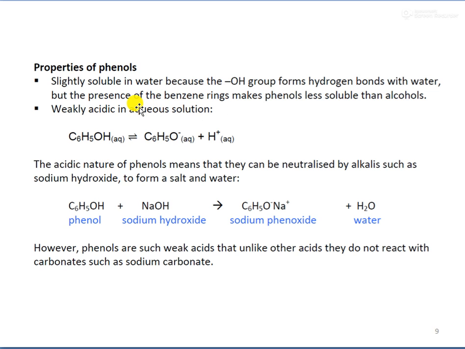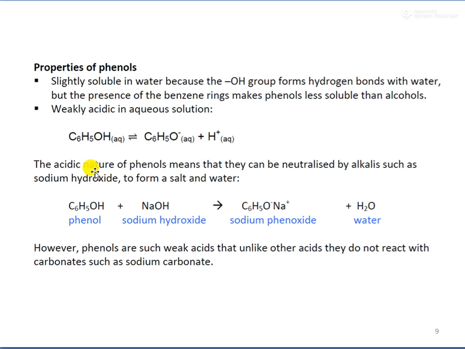Then phenols are weakly acidic, that is, when mixed with water, they can ionize, giving off H plus ions. The H plus ions will be surrounded by water molecules, and the phenoxide anion will also be surrounded by water molecules. So this is weakly acidic.